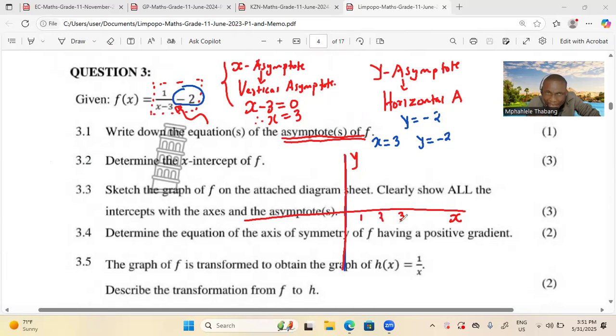I will go where x is 3 and draw a dotted line passing at x equals 3, because this is my x asymptote. We call it a vertical asymptote. If you look at the line, it's a vertical line. Another asymptote is the asymptote of y, which is -2. This is a horizontal asymptote.